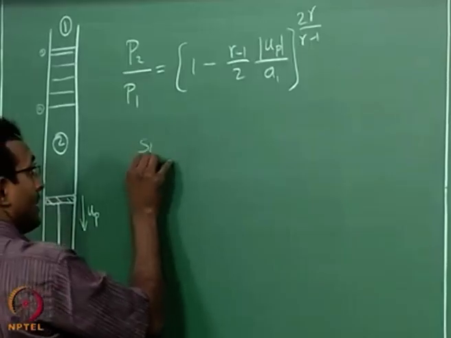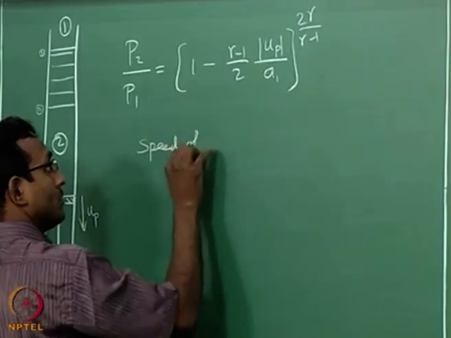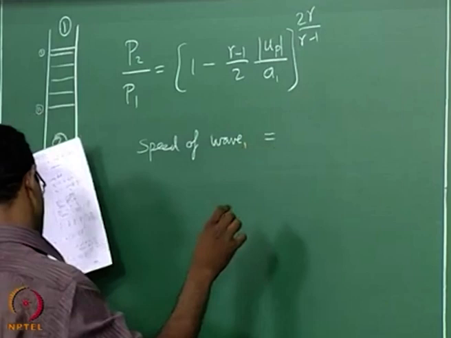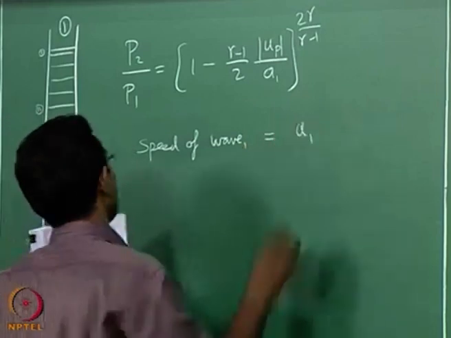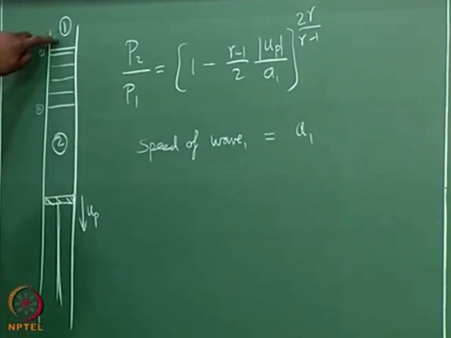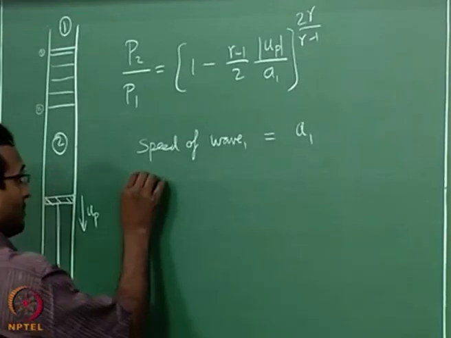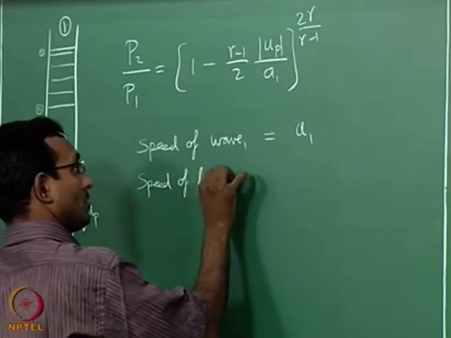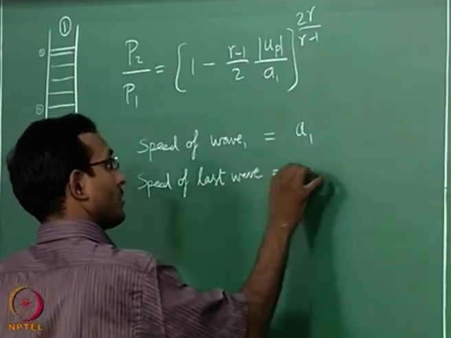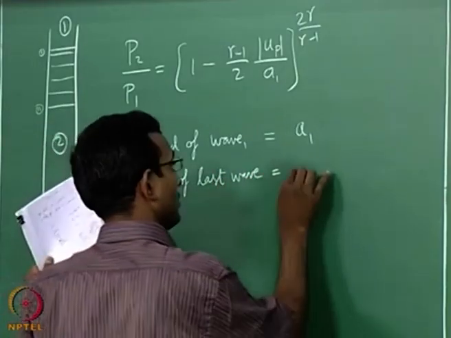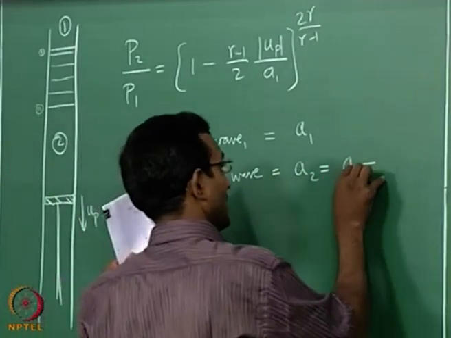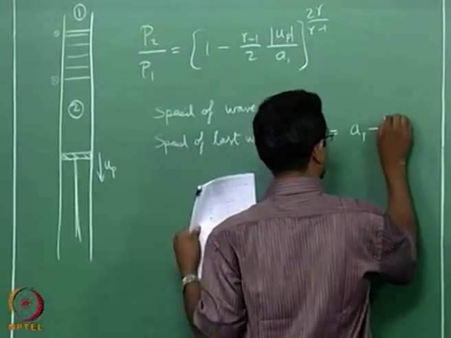I may need this, so I will give this also. Speed of wave 1, that is the very first wave, that is going to be A1. It is going to move with speed of sound of that free stream gas, the upstream gas. And speed of last wave, we define this as A2, and I can give an expression based on that analysis, which I am not doing in class.